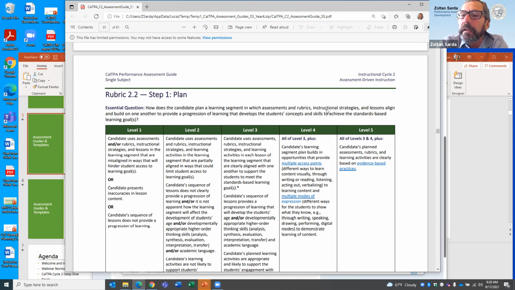So we have seen candidates submit 3 to 5 lessons that are loosely connected, but really we want to see what are the learning goals, what are the standards, and how do the lessons, activities, and the assessments build on that conceptual understanding or those skills that we're working. So the progression is the key piece, I think, in this particular rubric.